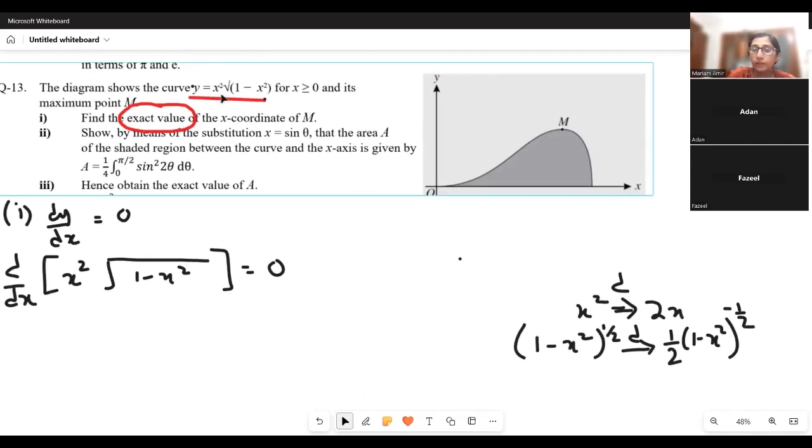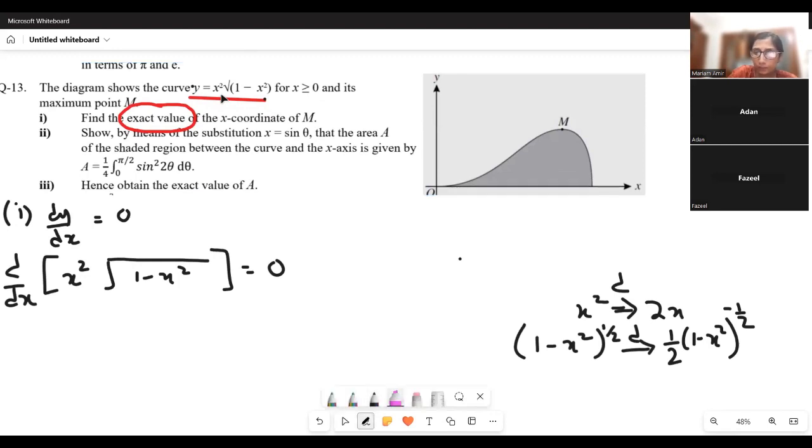Okay, and then derivate what's inside the bracket again. So that's going to be negative 2x. So times negative 2x. So then this 2 and 2 cancels out and the derivative is negative x 1 minus x square power minus half.